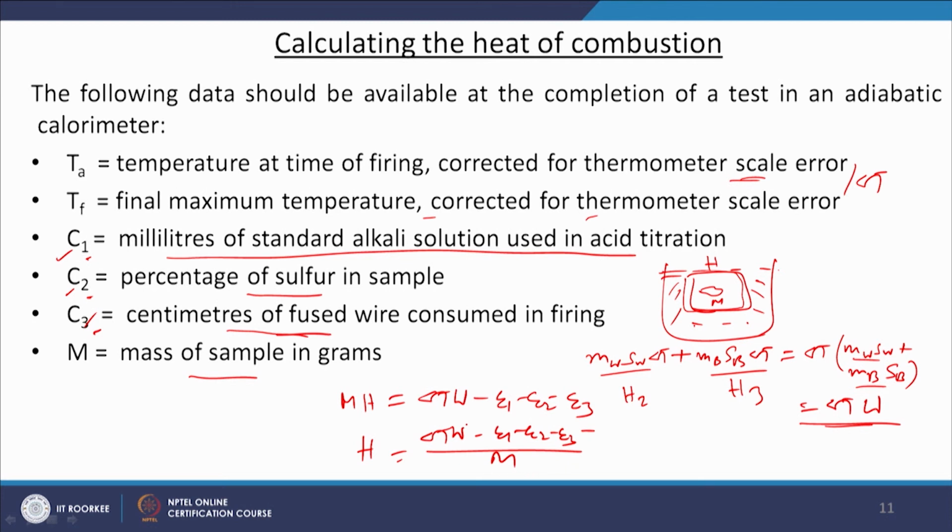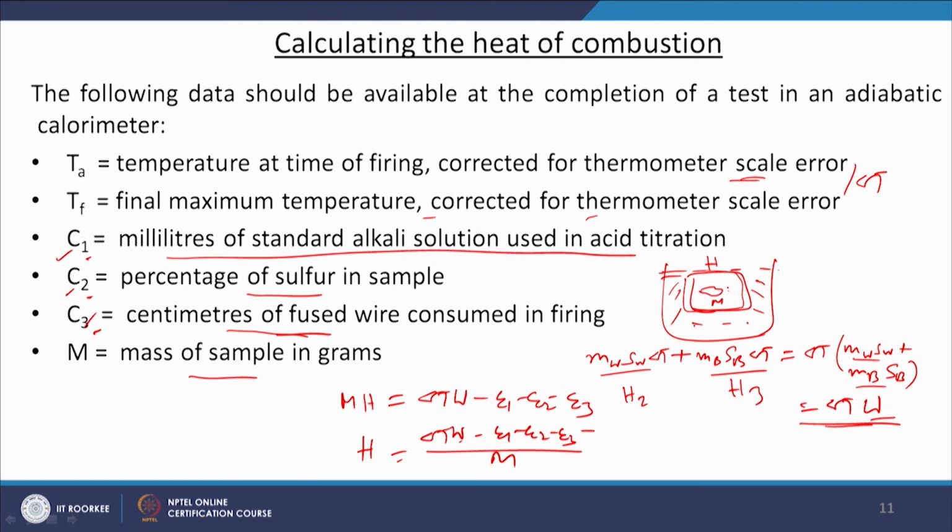But now, how can we get the value of W? The W value can be measured using the same calorimeter and a known substance. We know the heating value of this substance. So, this is the calibration of the equipment, we can say.